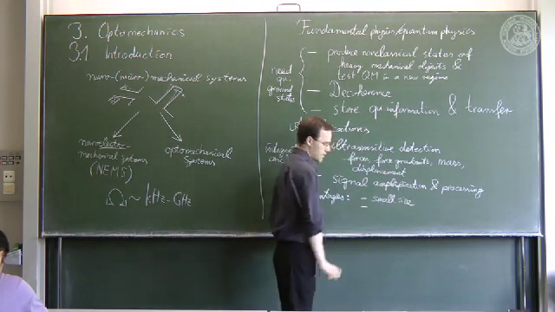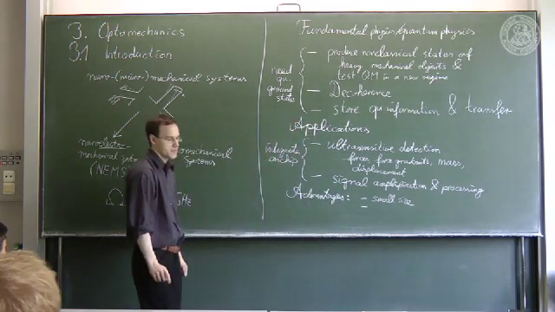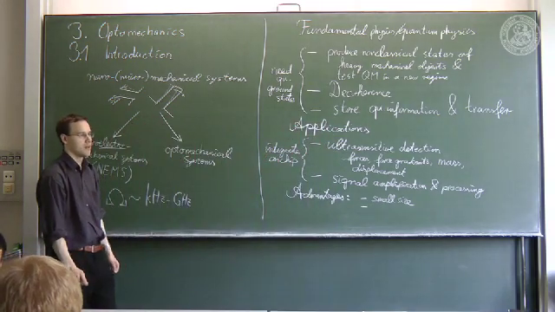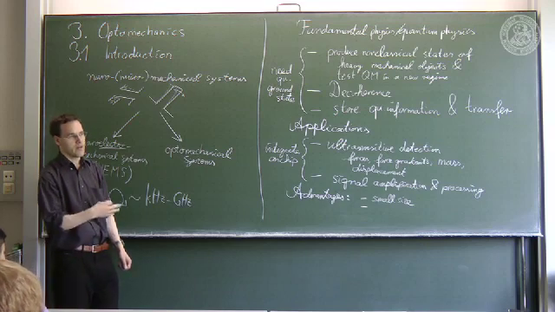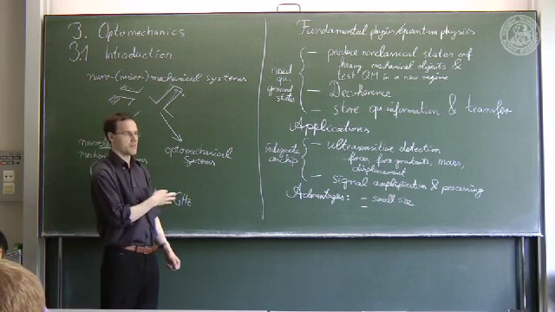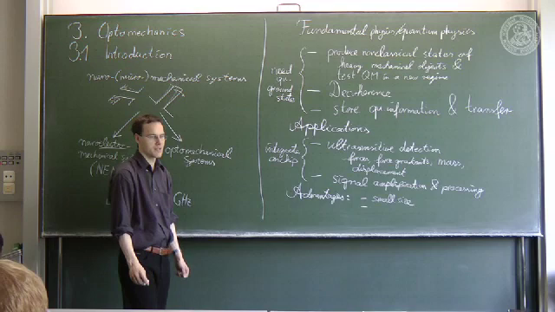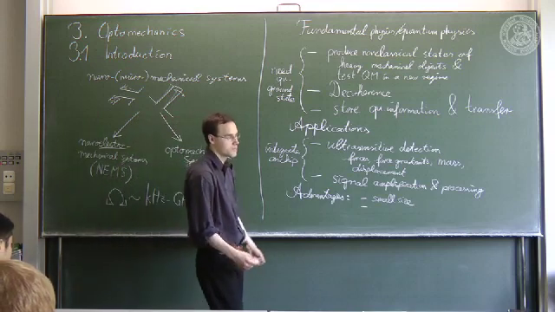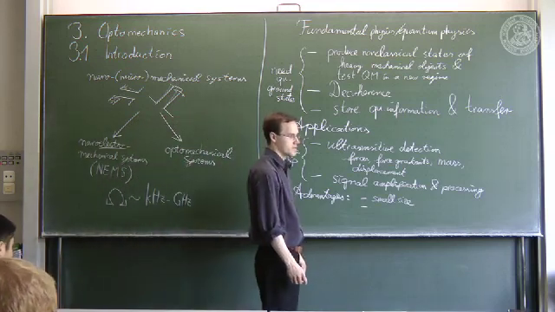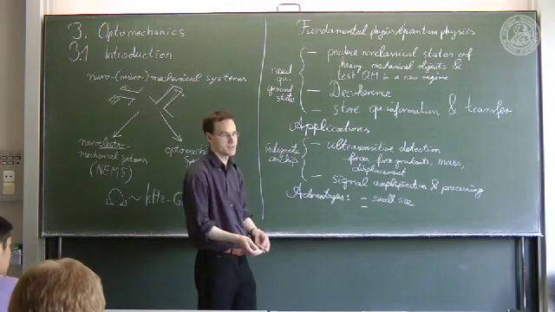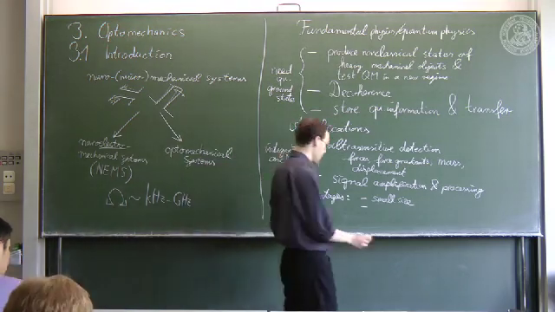And then also, if you want to store information for a long time, it would be good to have high quality factors, which means to have a very large ring down time of the oscillations, and this is also true in many of the devices, although this somehow depends on frequencies and the fabrication method and so on.